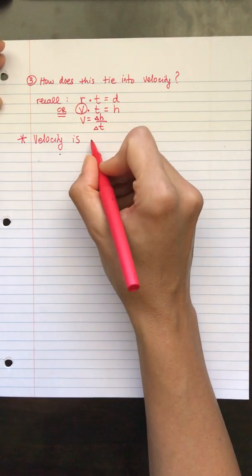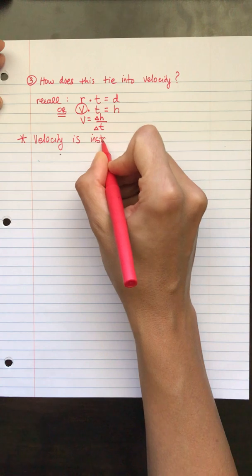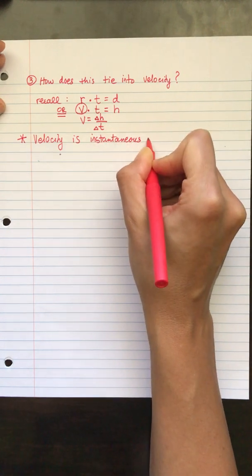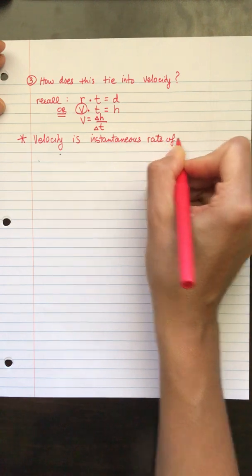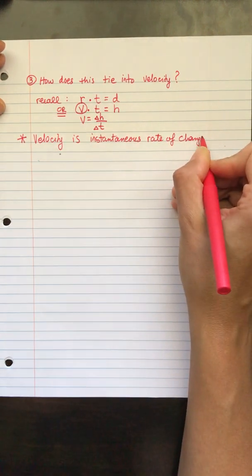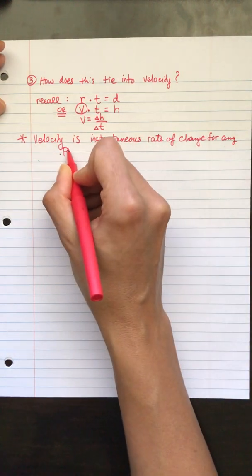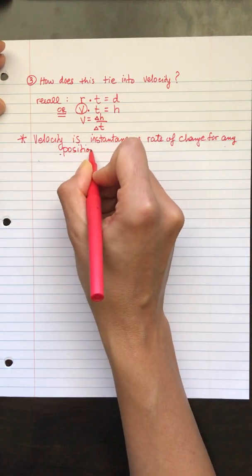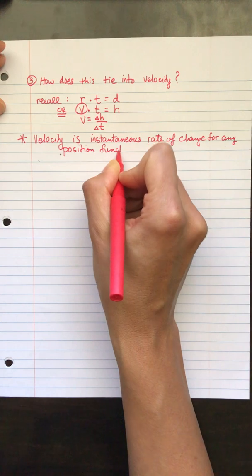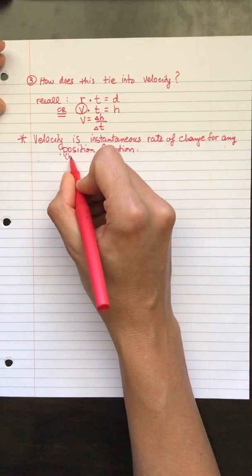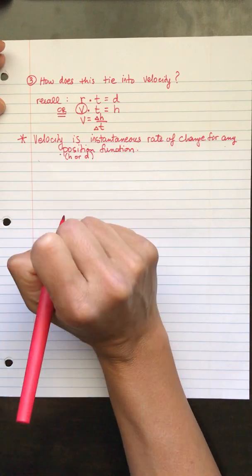Velocity is going to be the instantaneous rate of change for any position function. By the word position, I mean height or distance, okay?